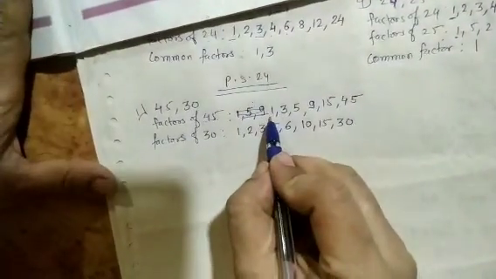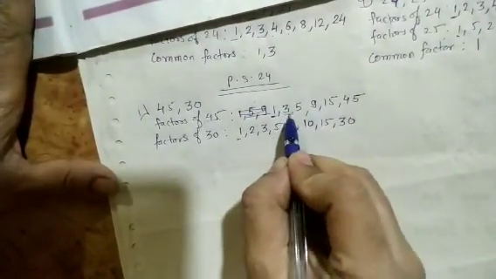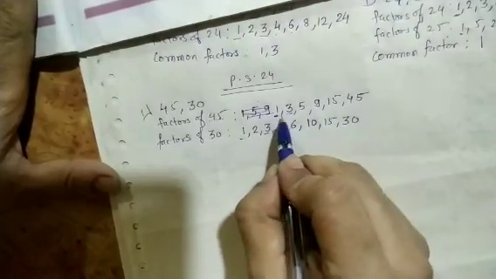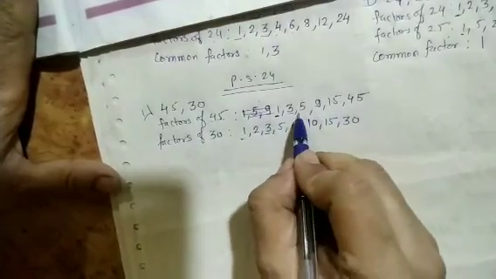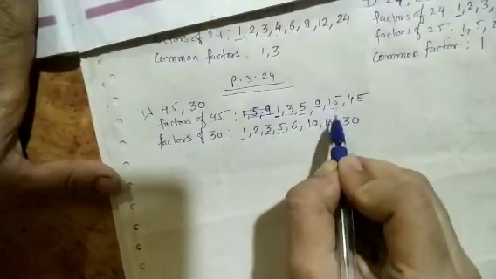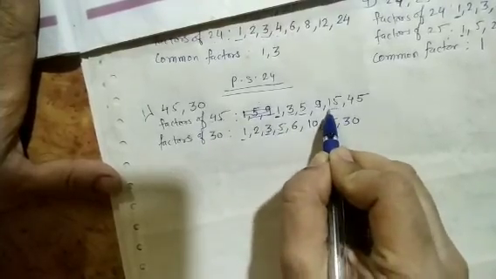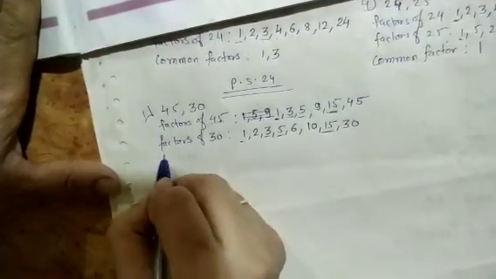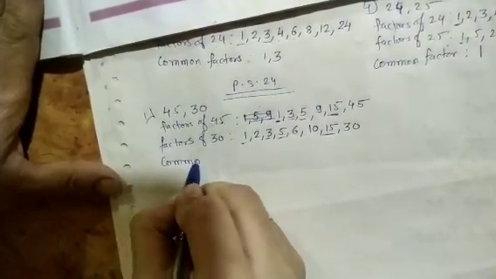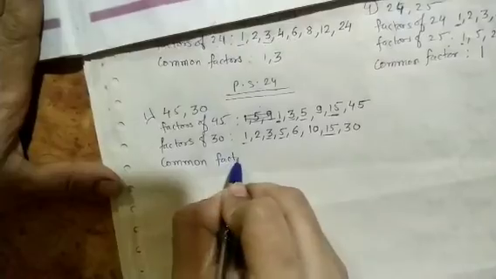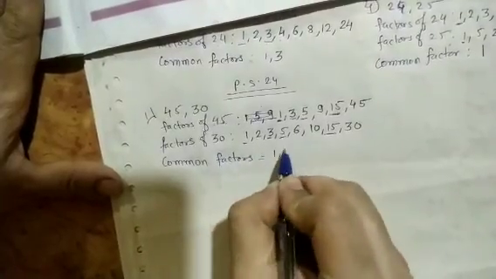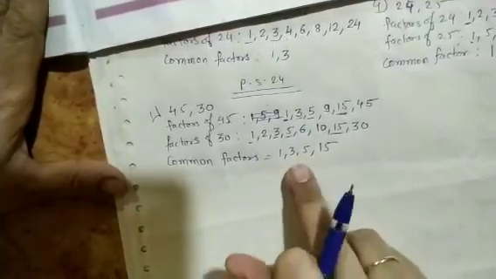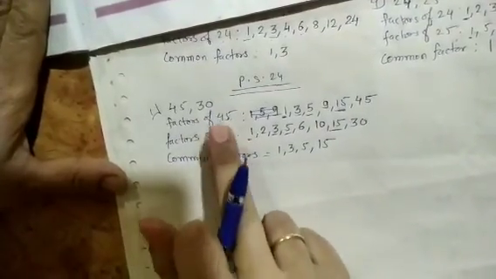See, first we will make the common factors, that is 1, 3, and after that 5 and 15 are the common factors. Okay, common factors, that is 1, 3, 5 and 15. These are the common factors between these two numbers.